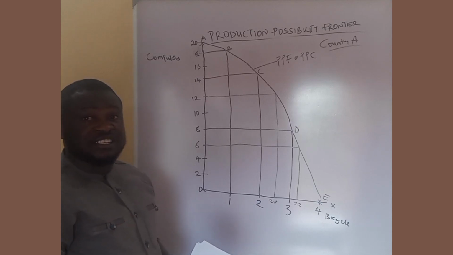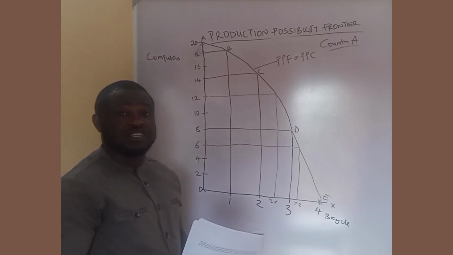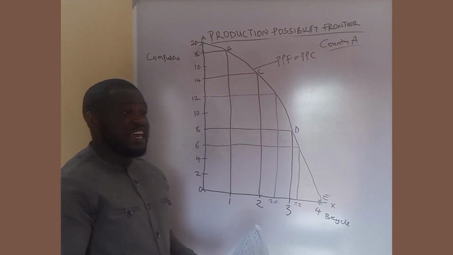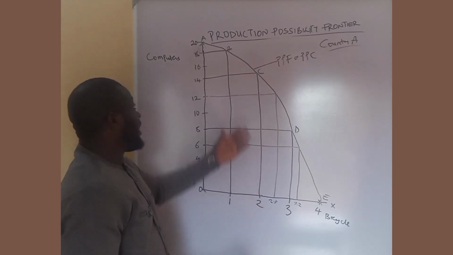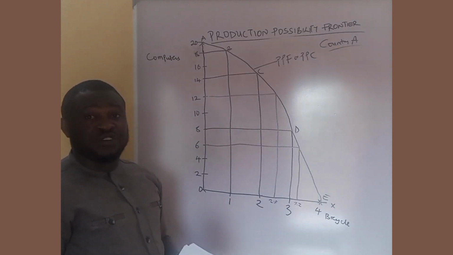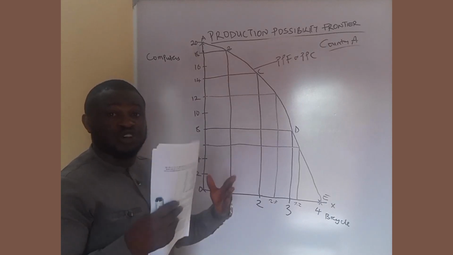However, in some countries, it is possible that some resources might be unemployed, some laborers might not have work to do, some machines or capital might be underutilized. Hence, though a country has the prospect of producing at the production possibility frontier, when some factors of production are not efficiently being used, such a country can produce suboptimally.